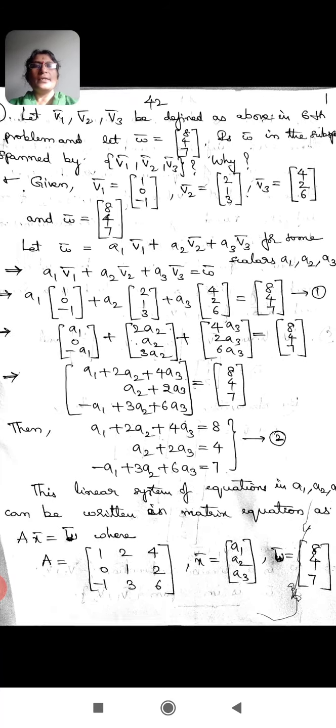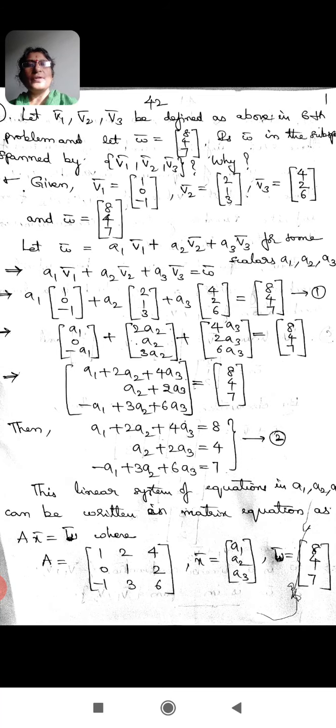Now it is said that v1, v2, v3 are the three vectors to be considered from problem number 6. So I have written here the vectors v1 bar, v2 bar, v3 bar which are given in the sixth problem, which we have already done in the previous video lesson.